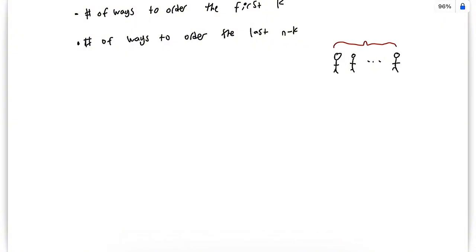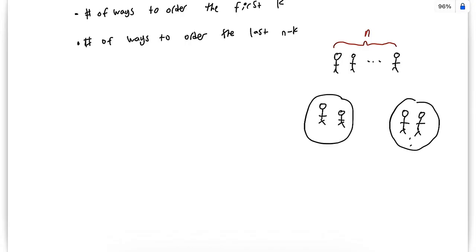And if we want to order them, what I'm essentially saying here is you can choose k of them to go first. So let's say you put them in two camps. These don't necessarily have two, they can have more than two. You have the k first people in the line, and the n minus k last people.